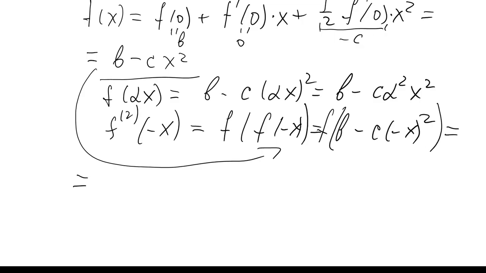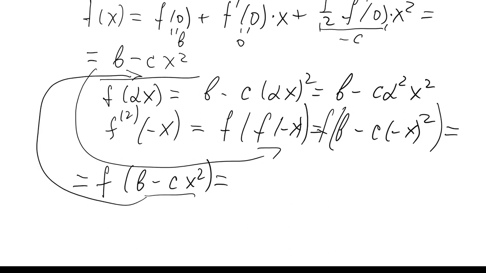And now f of b minus c x squared. Now we will put this expression in there instead of x squared.